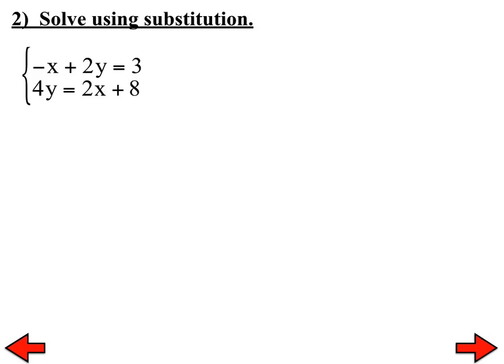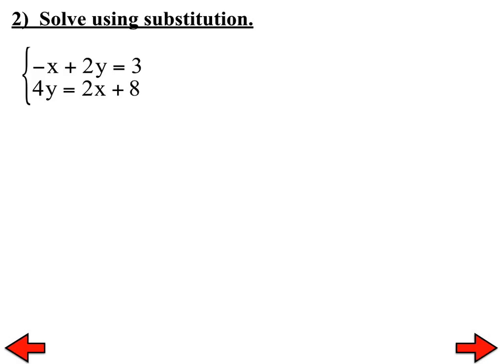In order to solve by substitution, you have to take one equation and solve it for a variable. It doesn't matter whether you take the first equation and solve it for x or for y, or the second equation and solve it for x or y. To me, it looks like it might be the easiest if we take the second equation and solve it for y. But some of you may disagree with that.